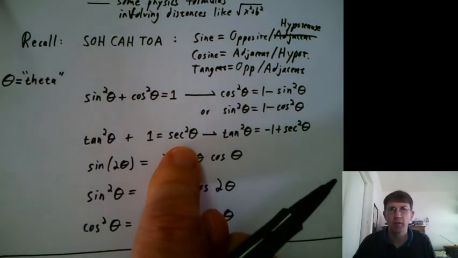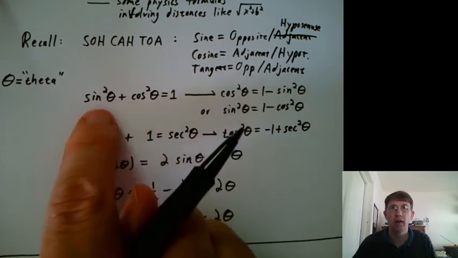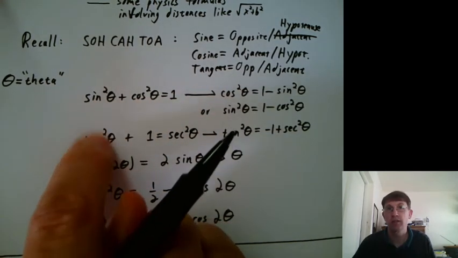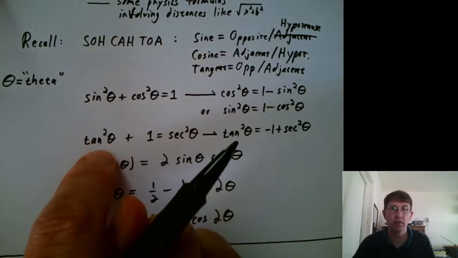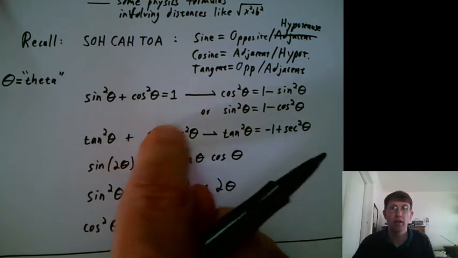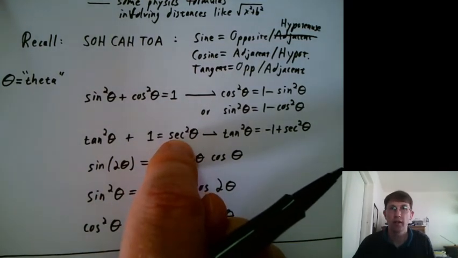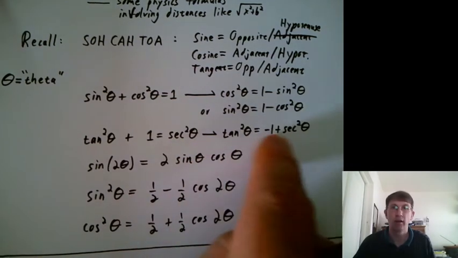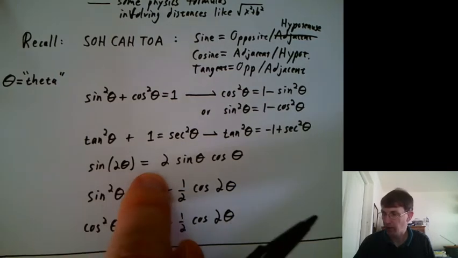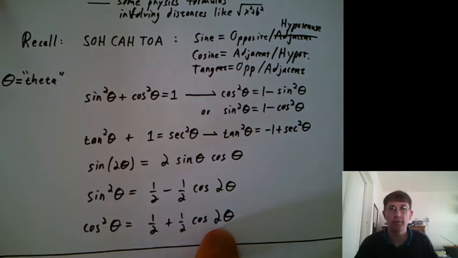I always have a hard time remembering that, but if you start with sine squared plus cosine squared equals 1 and divide everything by cosine squared, sine over cosine is tangent, so sine squared over cosine squared is tangent squared. So cosine squared over cosine squared is 1, and then 1 over cosine is also called secant, and then we're squaring that. And then you could solve that and rewrite it that way if you need to. We'll also be using this double angle formula, and then these squaring formulas a lot.